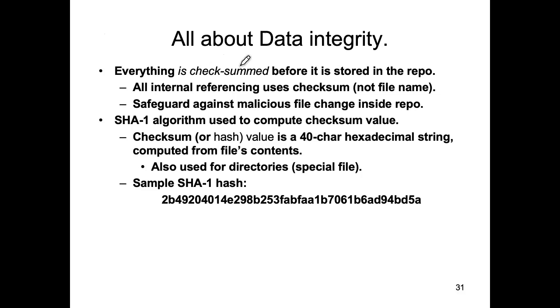And it uses those hash values as file names within the repository. It doesn't use the file names that you use out in the working directory. They make sense to you, but internally within the repository, it uses these computed hash values.